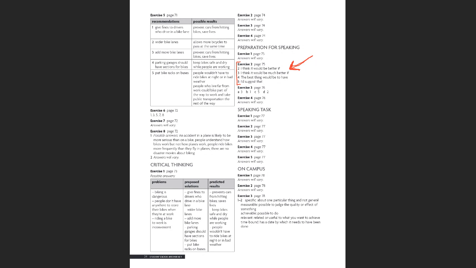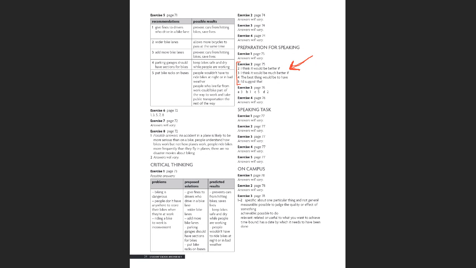Number 4, the best thing would be, and then we have an infinitive, to have. If you want to use this in your speech, you could say the best thing would be to do something. You can use any base form verb after the to, okay?